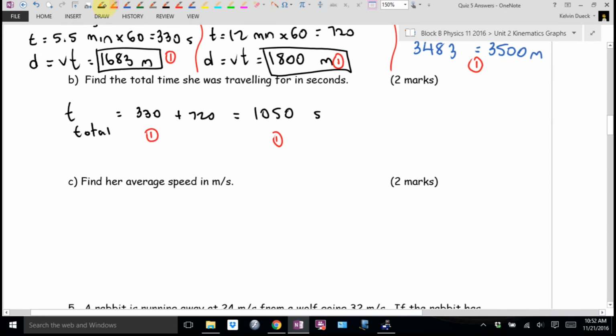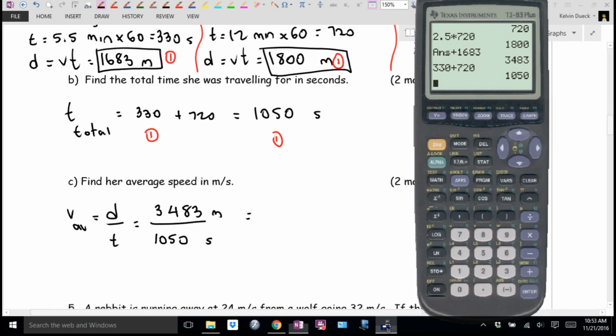Average speed. Well, average speed is going to be distance over time. Ah, this is why they had me do part A and part B first. Because the distance is 3,483 divided by the time, 1,050, and that's meters, and that's seconds, so that is going to give me meters per second.